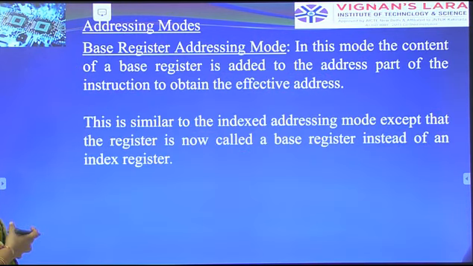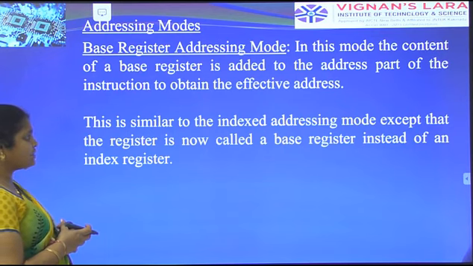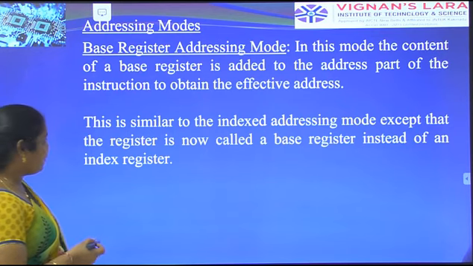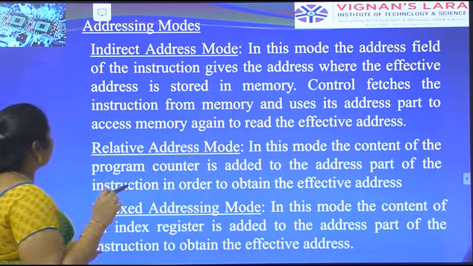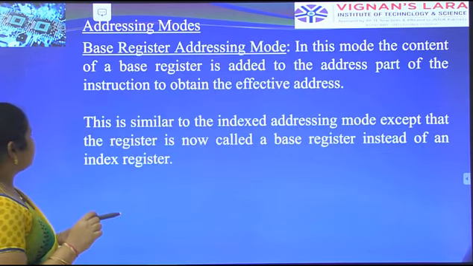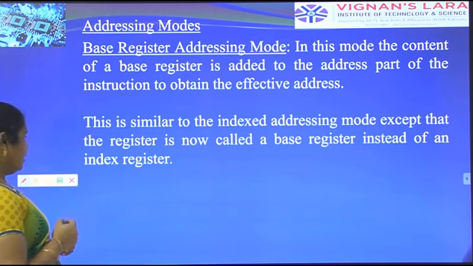Next is base register addressing mode. In this mode, the content of the base register is added to the address part of the instruction to obtain the effective address. This is similar to index addressing mode.